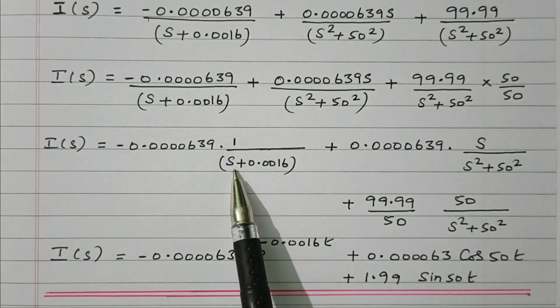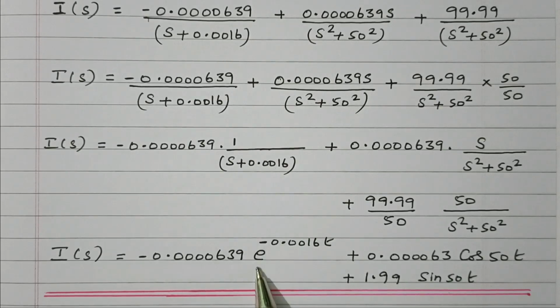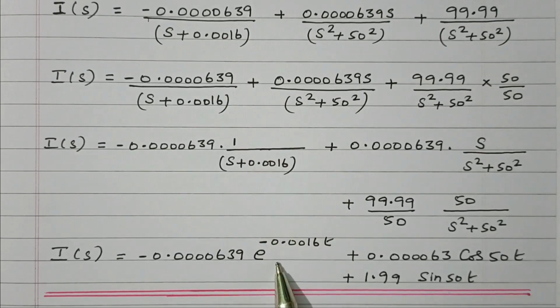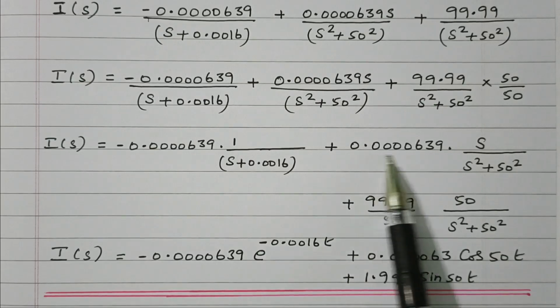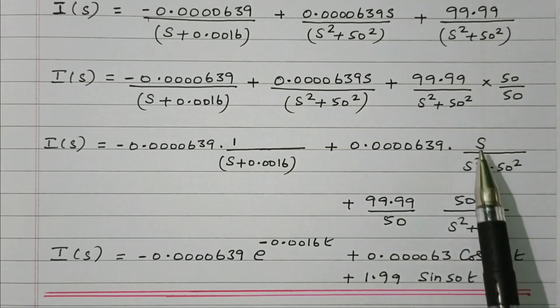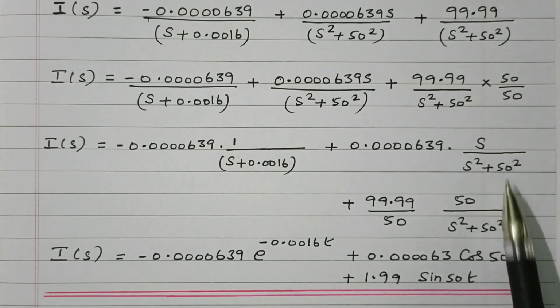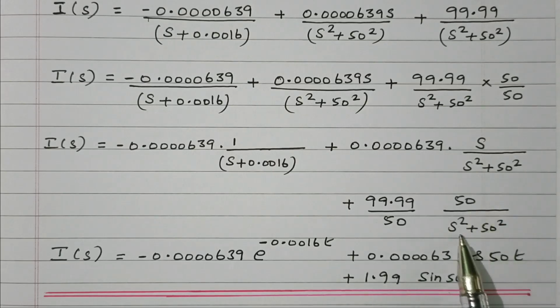So 1 divided by s plus a, where a is 0.0016, has the inverse Laplace transform e power minus at. This constant is written like that. So s divided by s square plus 50 square gives cos 50t. Right, 50 is omega. Similarly, 50 divided by s square plus 50 square gives sin 50t.